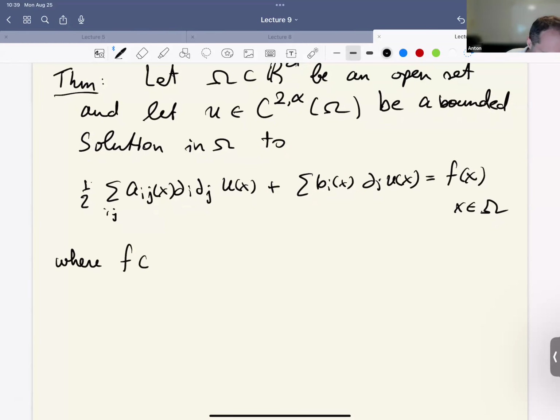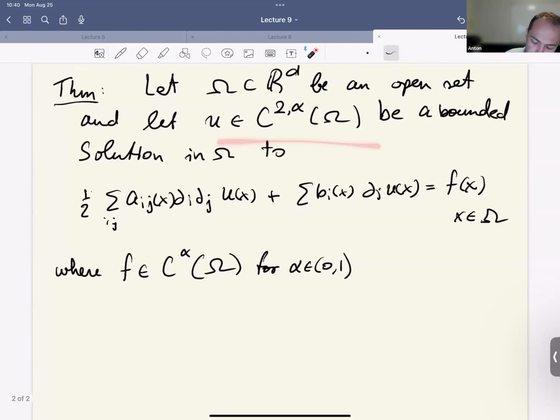Okay, so f is going to be in C alpha for alpha between 0 and 1. Okay, so what is this C2 alpha? The C2 alpha, it's C2 functions, twice continuously differentiable, with alpha Hölder second derivatives.